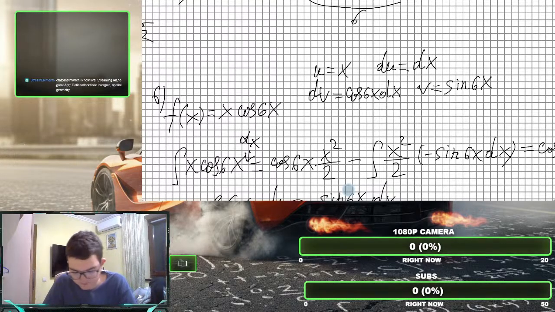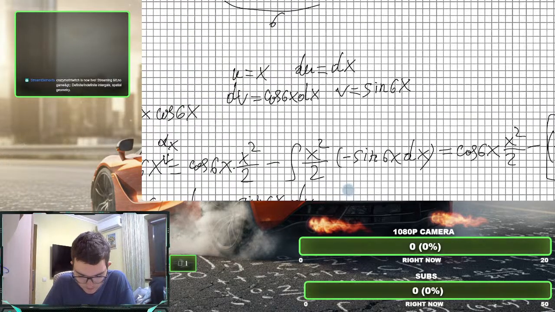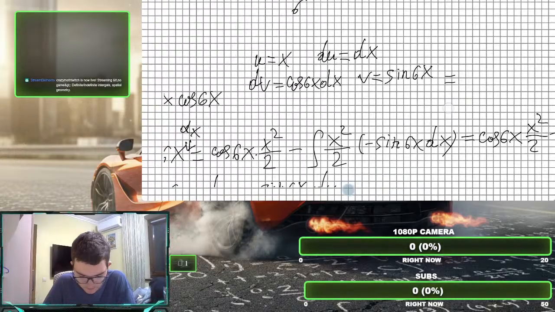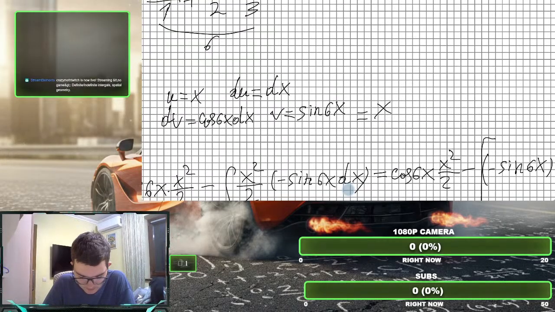Now I just do basically the integration by parts. So I'll have that it's equal to, starts with u, which is essentially x.